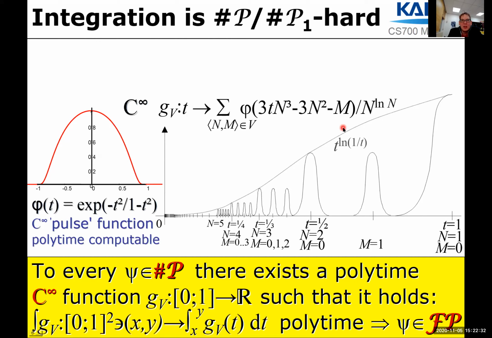So that means that also integration, or Sharp-P algorithm for indefinite integration, is optimal because we can in this way encode discrete counting problems into Riemann integration. Actually the construction here is a little bit more subtle when we consider definite Riemann integration.